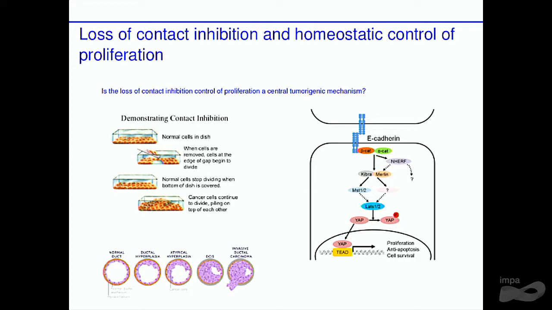Contact inhibition is the name given to this phenomenon, the formation of a single layer, and when you have this accumulation of cells, they say the cells have lost the contact inhibition mechanism. This is considered analogous to the abnormal growth of cell populations within a given tissue.